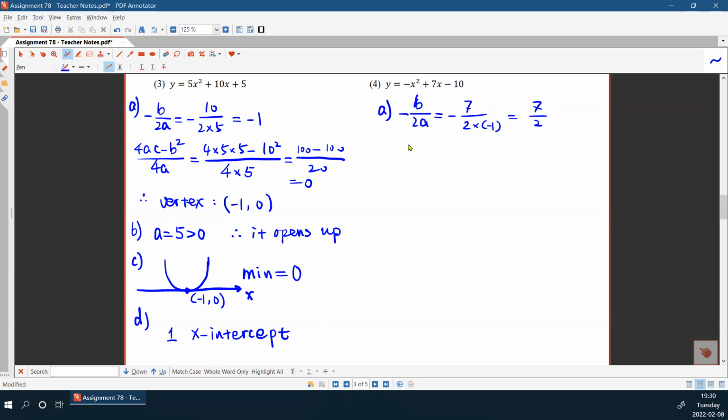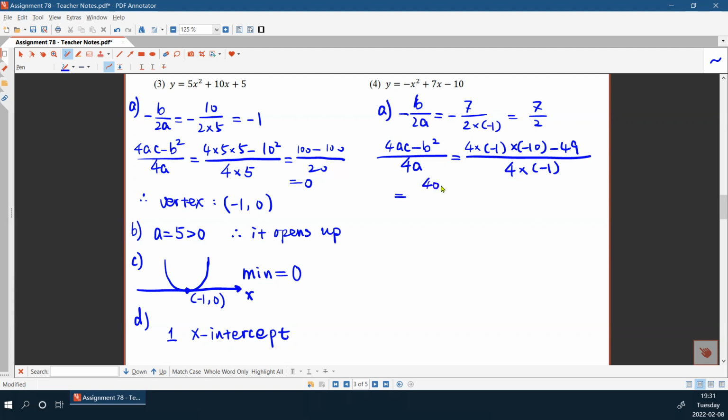And then the y coordinate of the vertex is (4ac minus b squared) over 4a. This is 4 by a, which is -1, and by c, which is -10, minus 49, over 4a, which is 4 by -1, right?